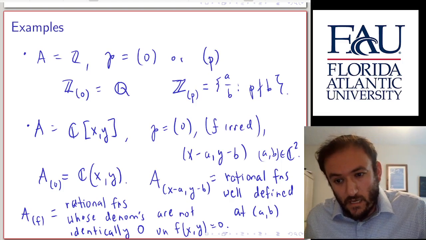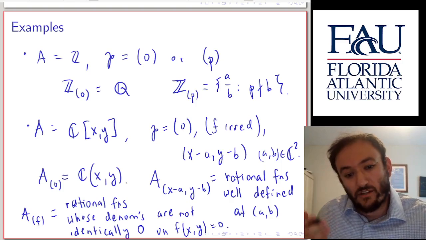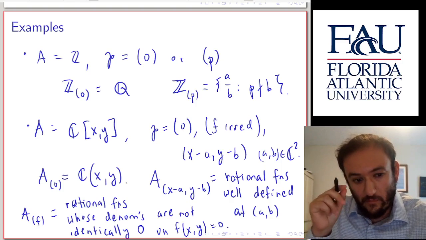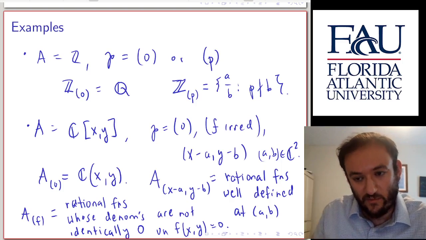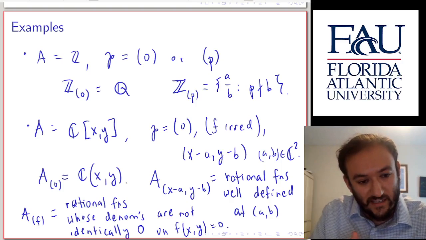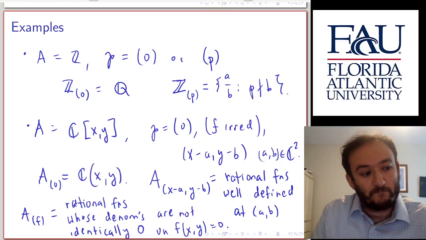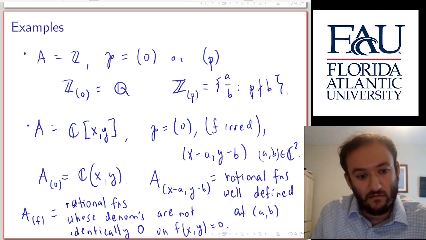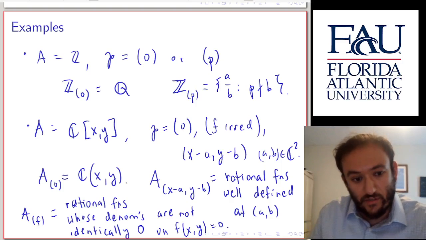Okay, so we have this local picture here. We're looking at rational functions that are defined on some subvariety, and I'm using the language of varieties, and you'll forgive me. Hopefully we'll discuss varieties in a lecture soon. But you're looking at the rational functions that are defined on most of the variety of interest.